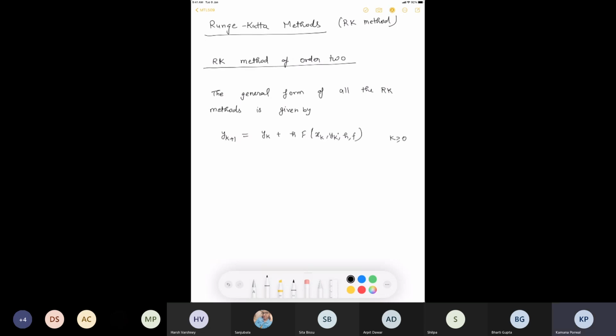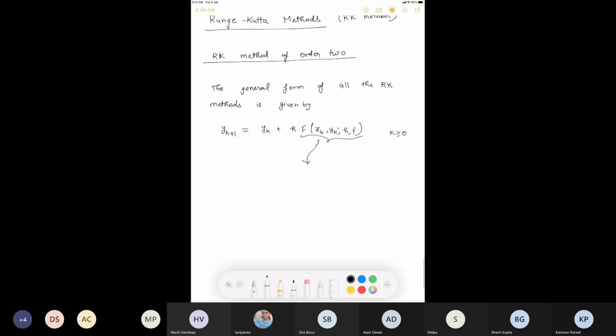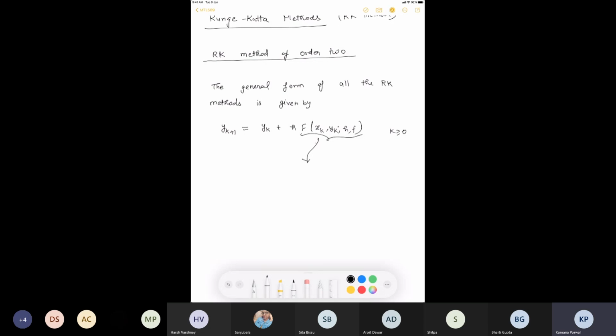So basically this function can be thought of as an average slope of the solution on the interval x_k to x_{k+1}.